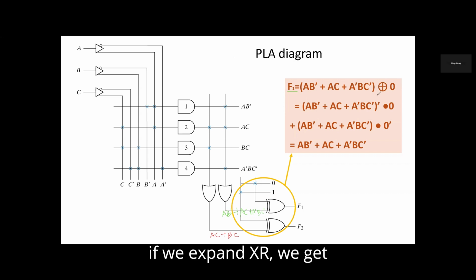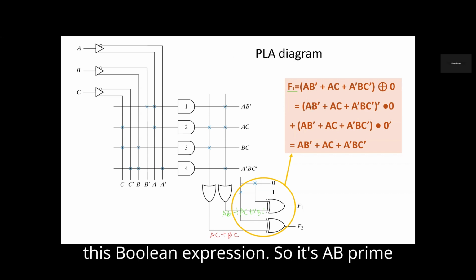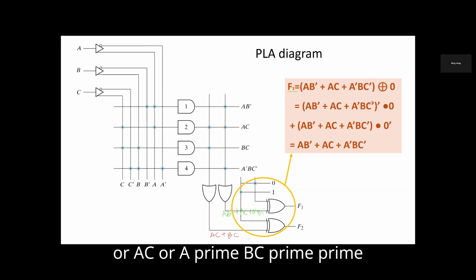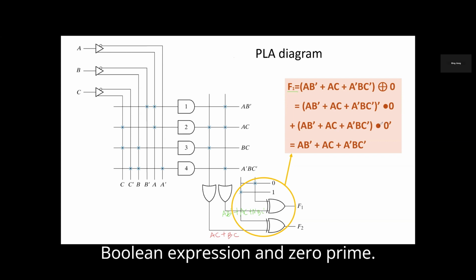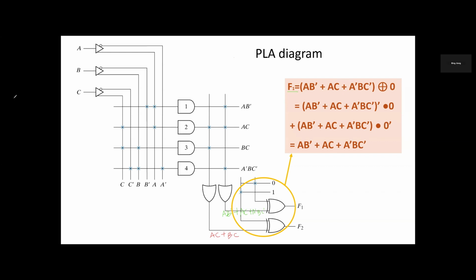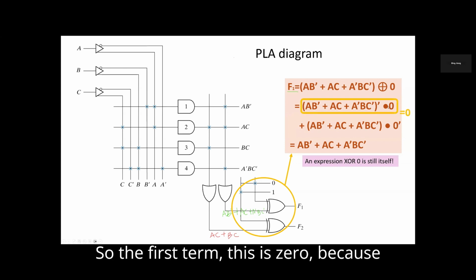And if we expand XOR, we get this Boolean expression. So it's AB prime or AC or A prime, B, C prime, and 0 prime, or the Boolean expression and 0 prime. So 0 prime, this is what? So the first term, this is 0 because anything and 0 is 0.